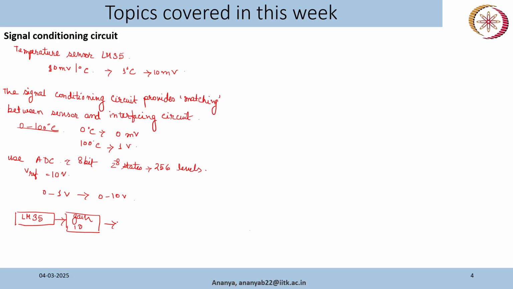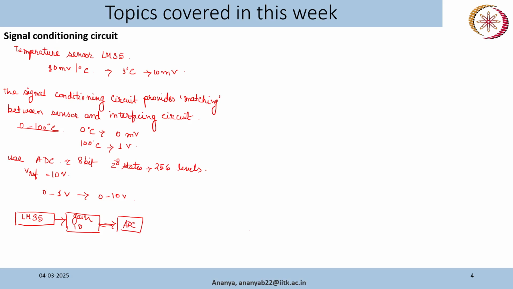Okay, and then the output will be given to the ADC, analog to digital converter. Now remember one thing: if there is any noise in the output of our sensor, that will also be increased 10 times, because we are directly taking the output of the sensor and providing it to a circuit that has a gain of 10.